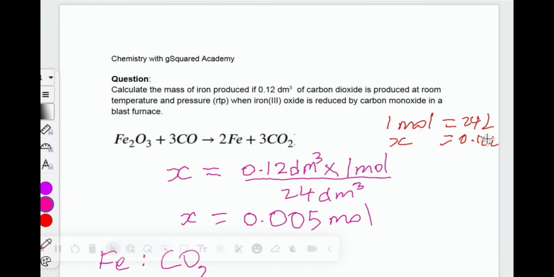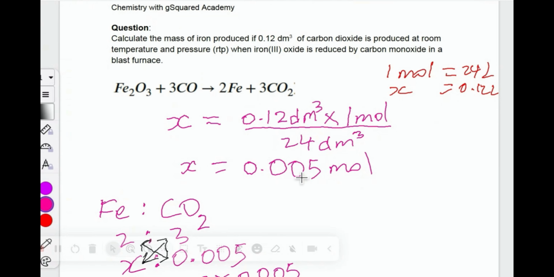So 1 mole times 0.12 is equal to 24 liters times X, and then we solve for X. So X is equal to 0.12 dm cubes times 1 mole divided by 24 dm cubes, and that works out to be about 0.05 moles. So this is the moles of carbon dioxide that was produced in the reaction.